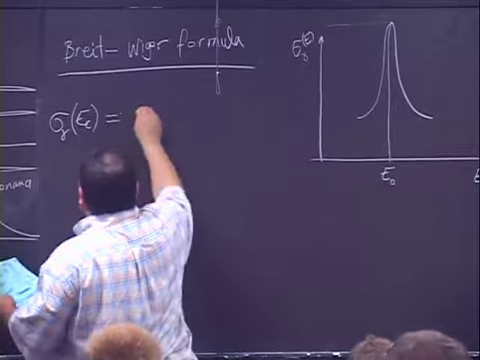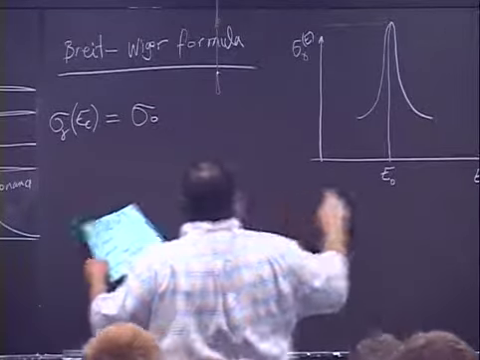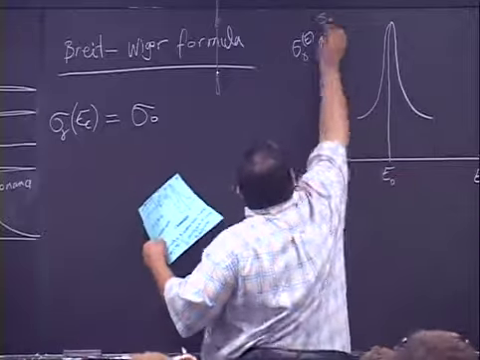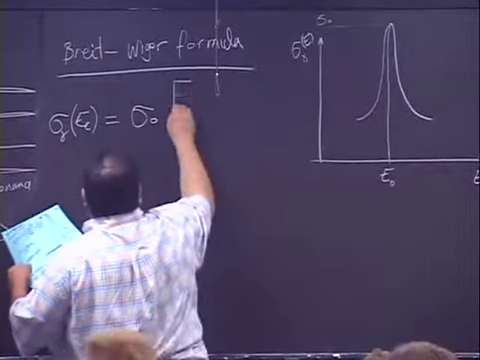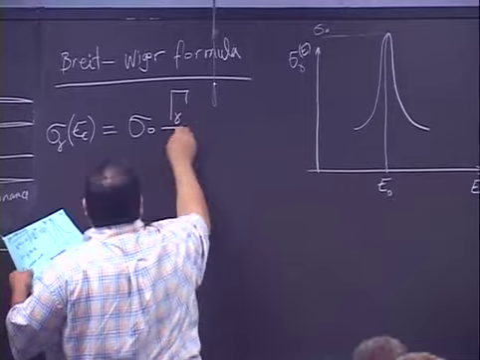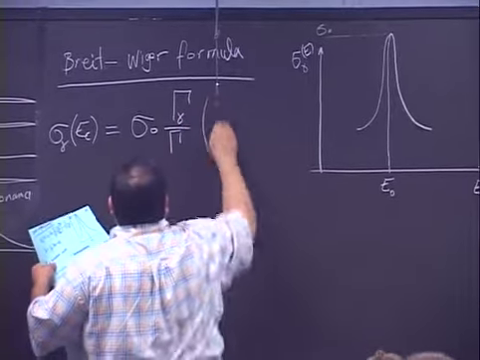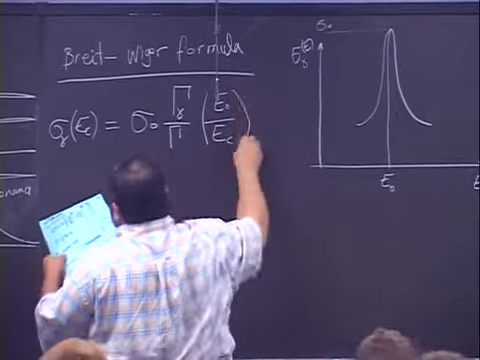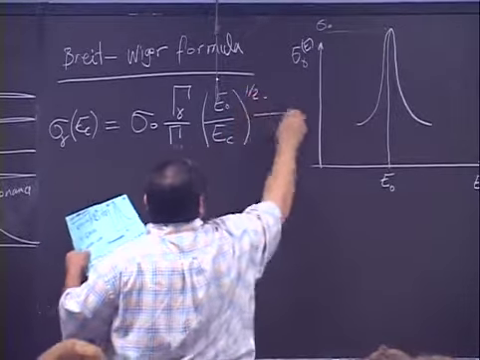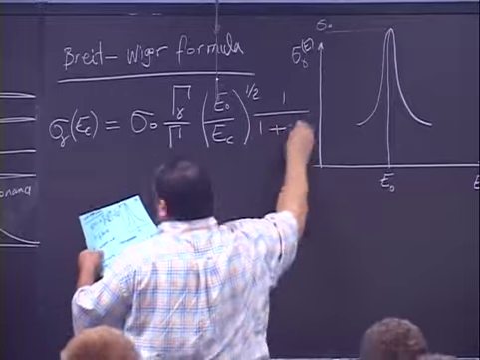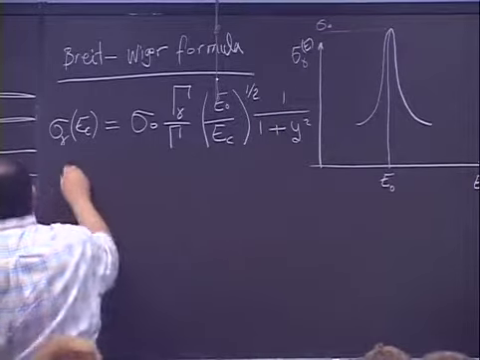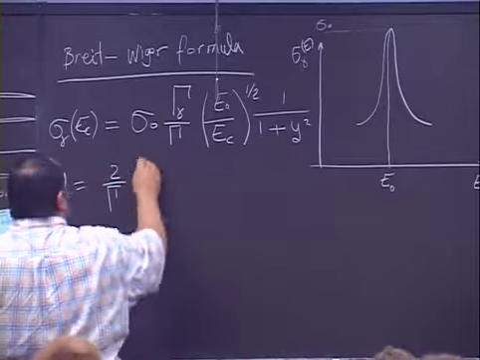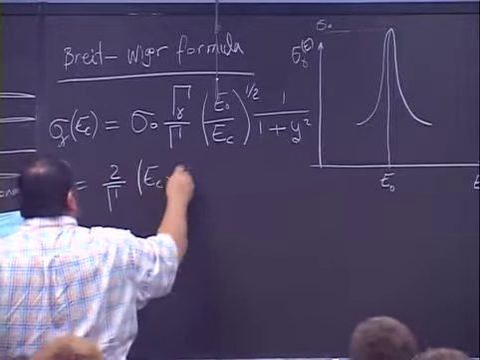So this is E naught, and sigma naught is sigma at the energy E naught. Sigma gamma of EC equals sigma naught, multiplied by gamma gamma over gamma, multiplied by E naught over EC to the power of 1/2, multiplied by 1 over 1 plus y squared, where y is nothing more than 2 over gamma multiplied by EC minus E naught.